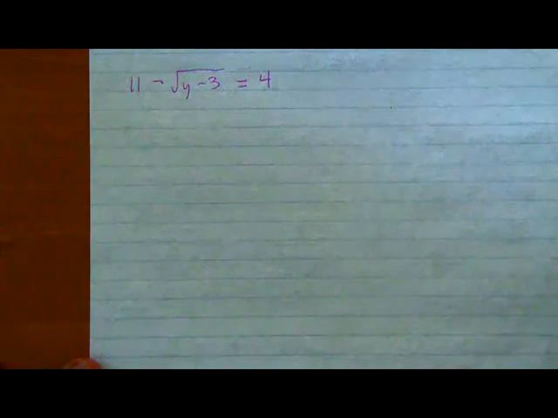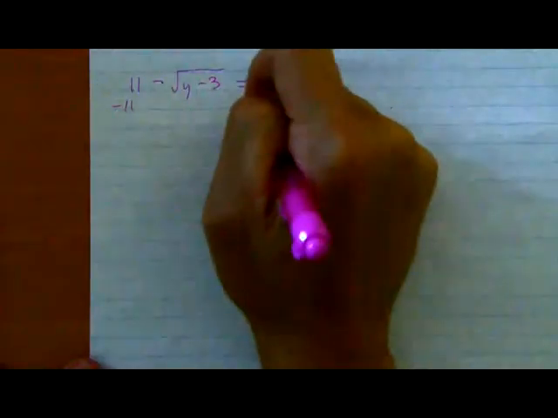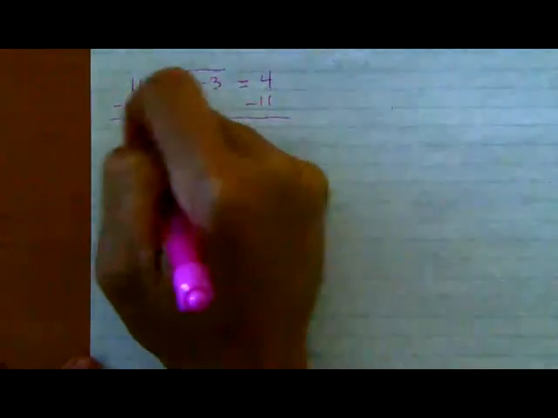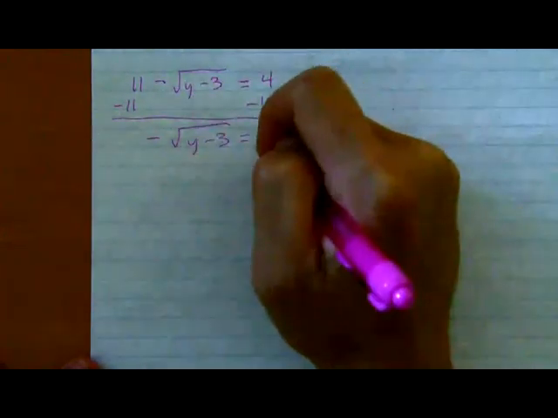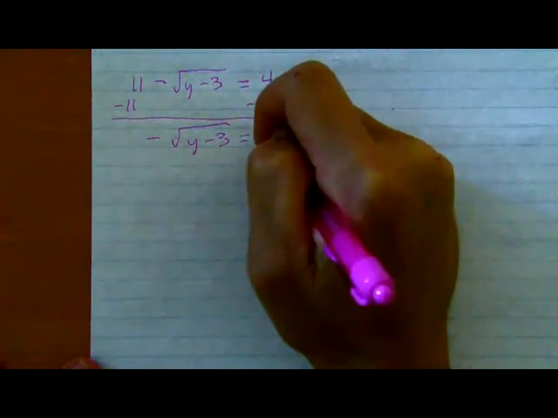Okay, we need to get the radical by itself. I'll subtract the 11. Negative radical y minus 3 equals negative 7.